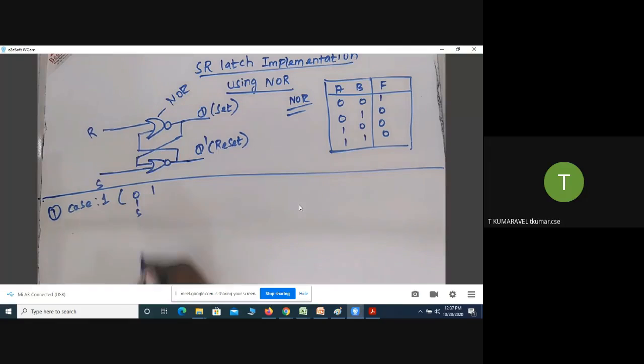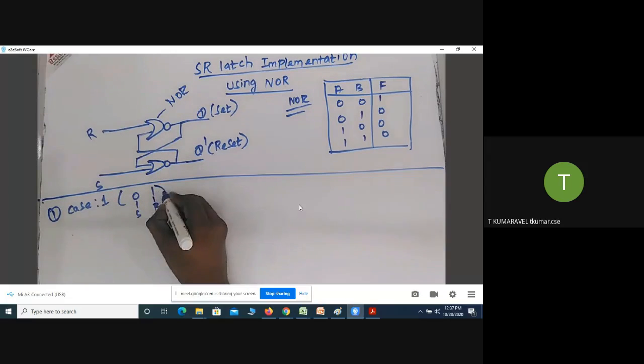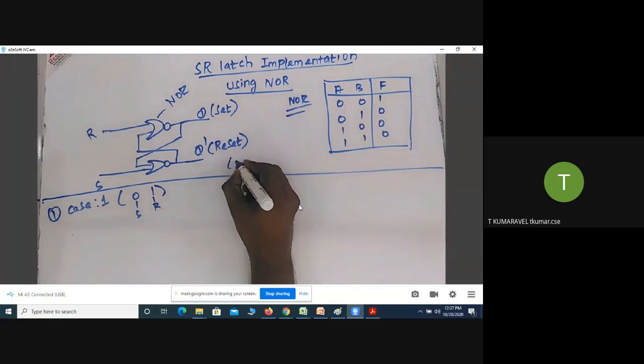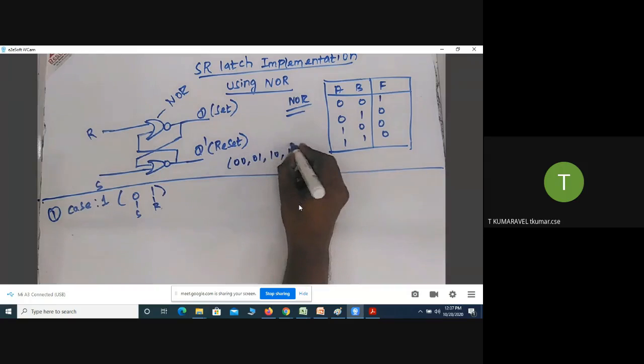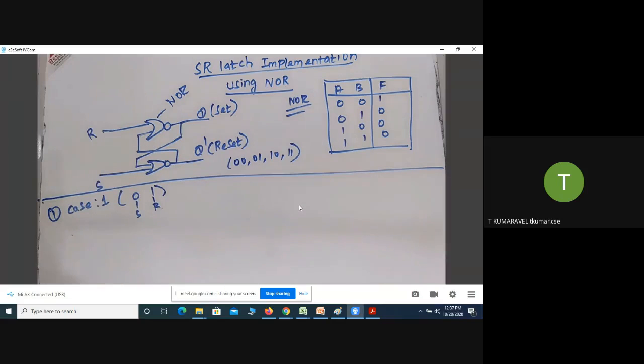Yes, sir. Okay, so I am taking the input as 0, 1. Here two variables are available, S and R. Two variables means four input combinations are available: 0 0, 0 1, 1 0, 1 1.